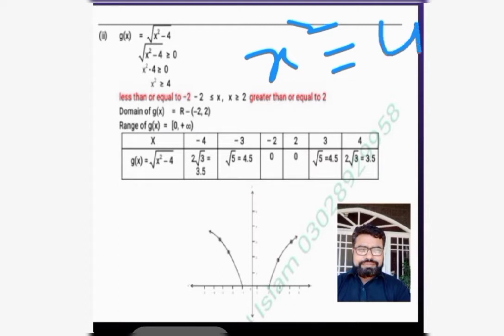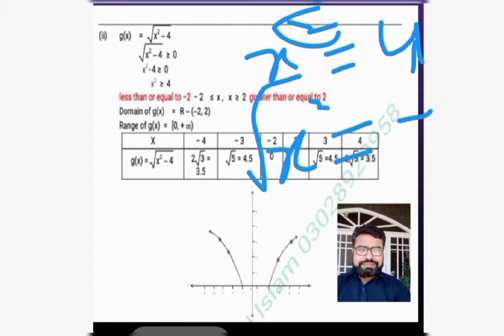If x square is equal to 4, as the power of x is 2, it means there are two answers. That's why we write positive and negative sign here.